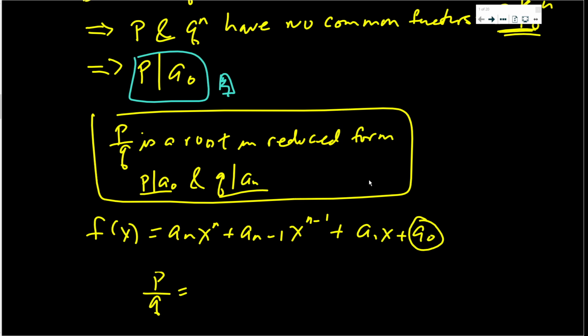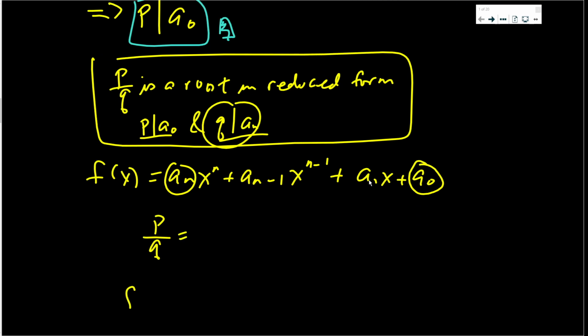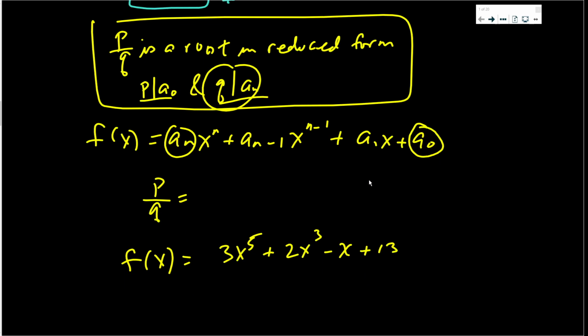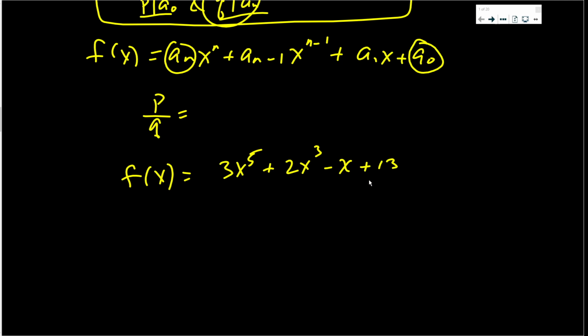P must go into A sub 0, and Q must go into A sub n. Meaning, if you had f of x is 3x to the 5th plus 2x cubed minus x plus 13, the only possible rational roots.